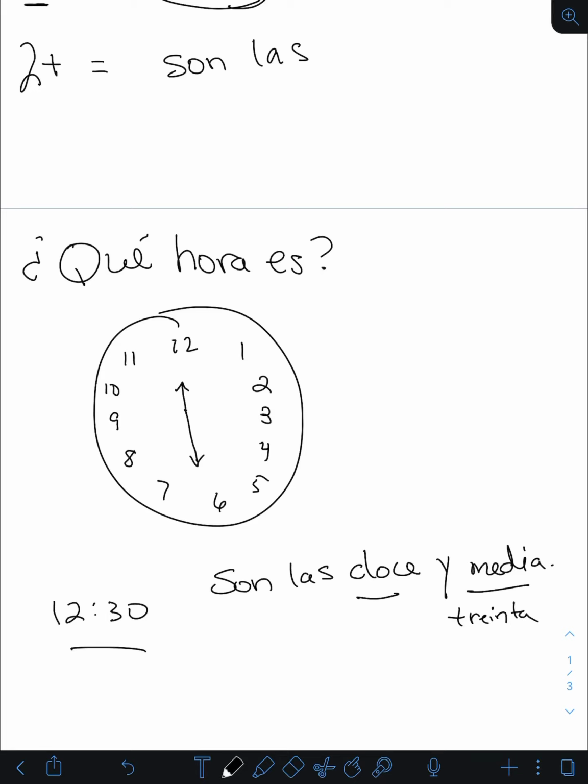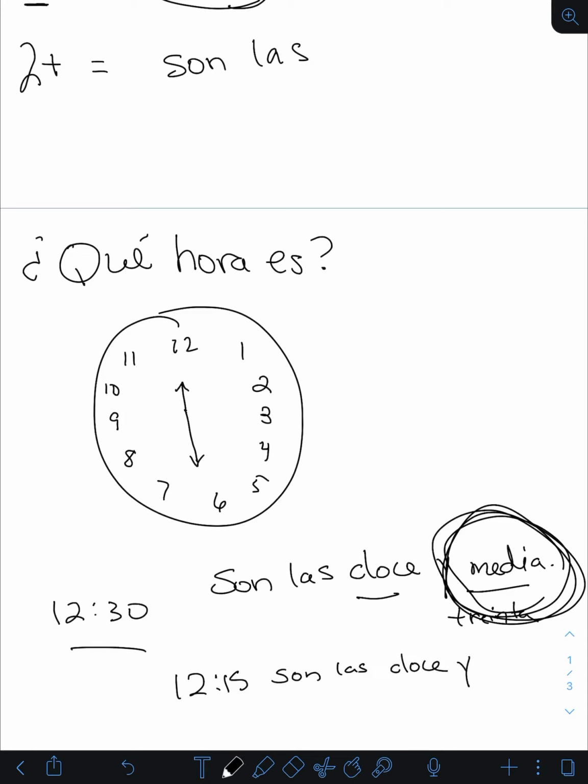So you could say son las 12 y 30, but typically when we're talking about a half hour, it's y media. And then also in your notes for 12:15, you learned that son las 12 y cuarto, 12 and a quarter, right? We know that as 12:15, a quarter past 12.